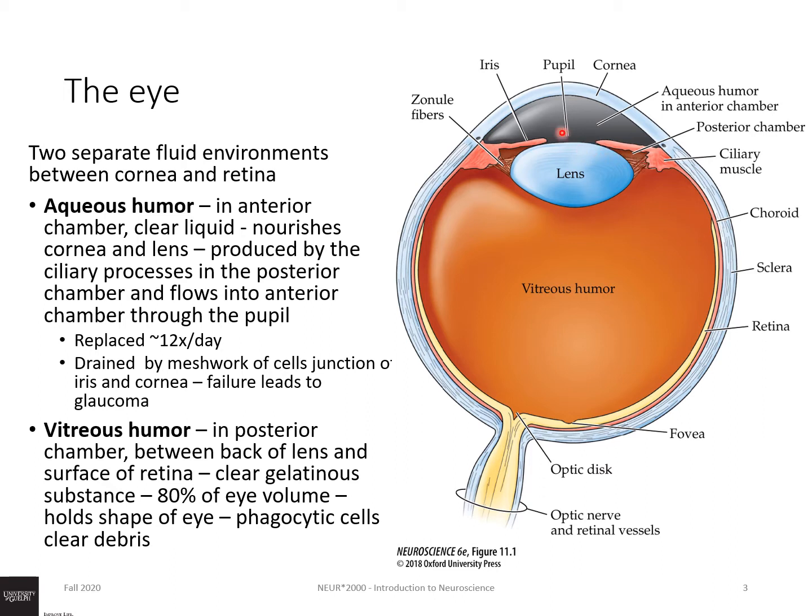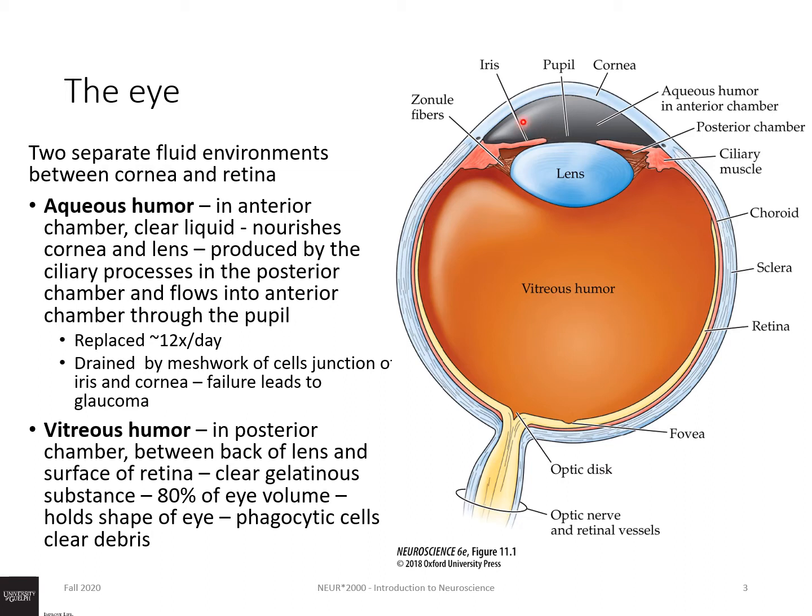So this is replaced about 12 times a day. It's drained by a network or meshwork of cells at the junction of the iris and the cornea, and failure of the drainage leads to glaucoma.